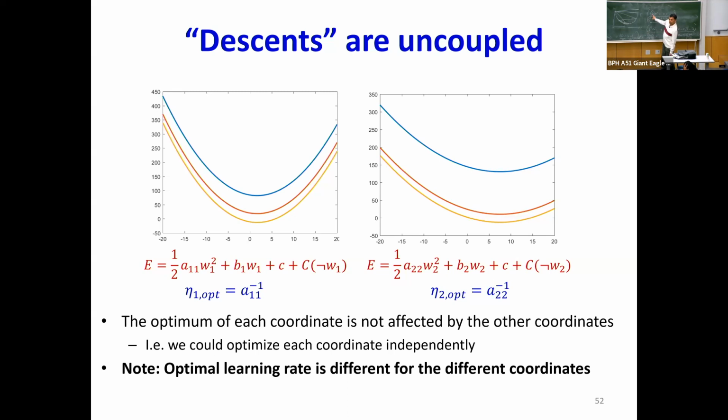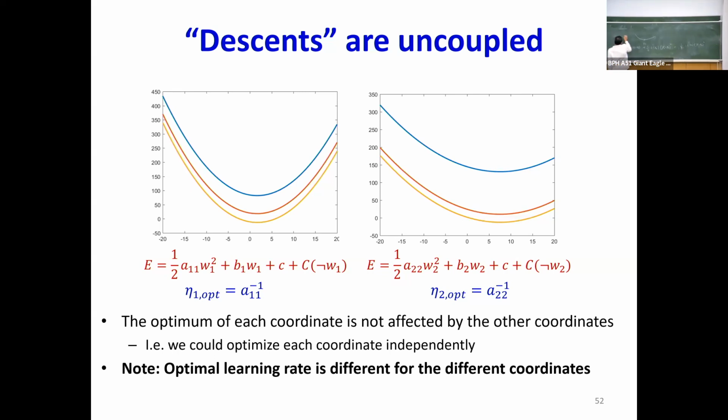What is the optimal step size for x1? It's 1 over a1, right? What is the optimal step size for x2? It's going to be 1 over a2. You guys with me, right? The two are not the same. That causes a problem. To see why, remember that when I actually use gradient descent, it actually uses this rule.